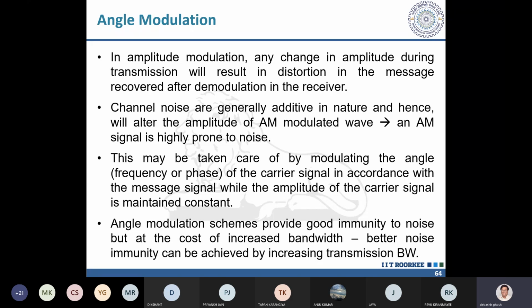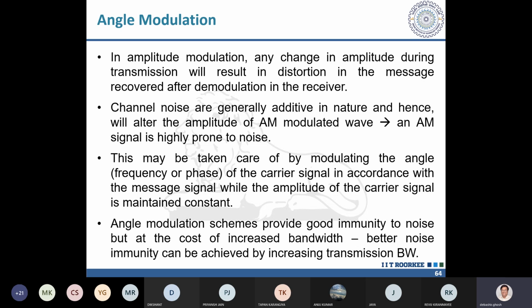Okay, that is the problem with AM. So what is the other alternative? Instead of doing amplitude modulation, instead of modifying the amplitude, why not modify the frequency or maybe the phase of the carrier signal Ac cos 2 pi fc t.